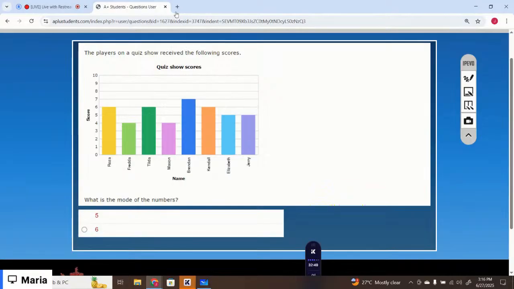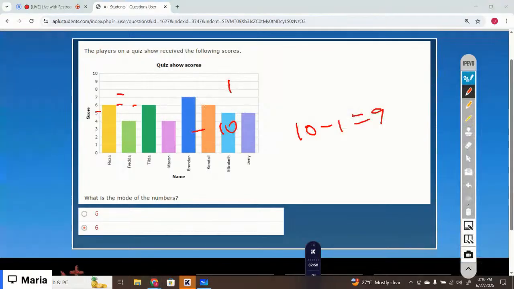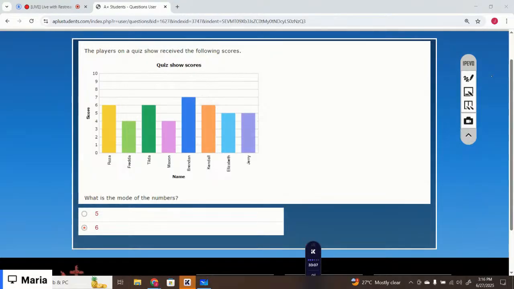Six is the number that appears the most, because six appears three times: one, two, three. So the correct option is six. Option number two is the correct option.